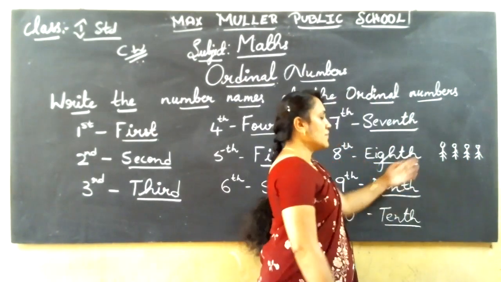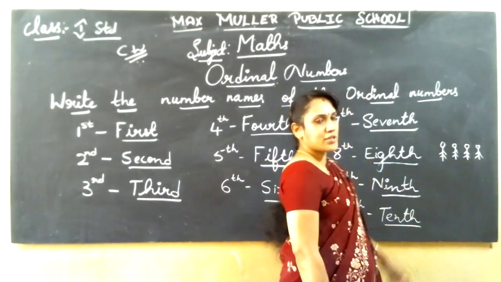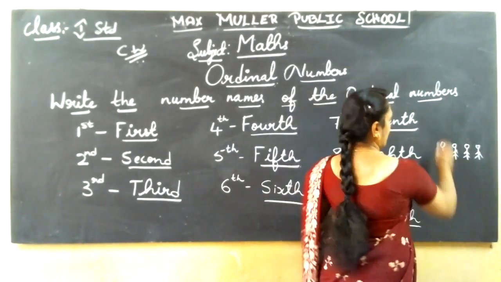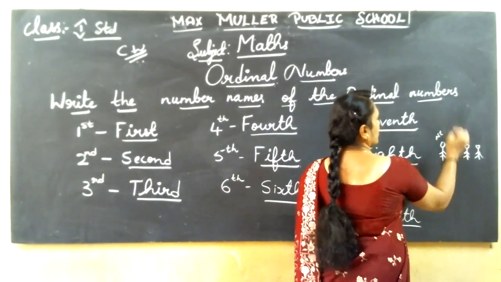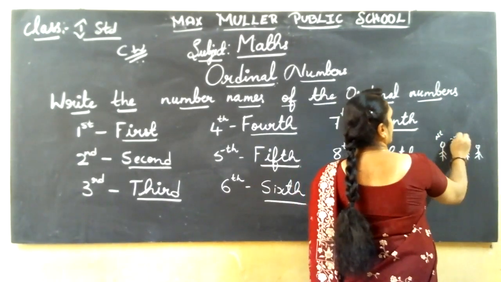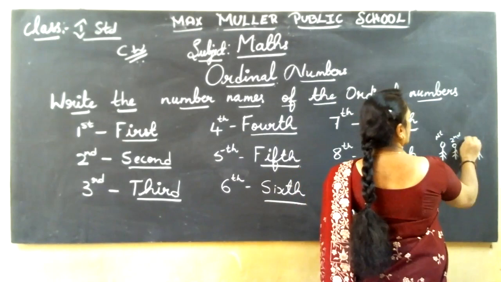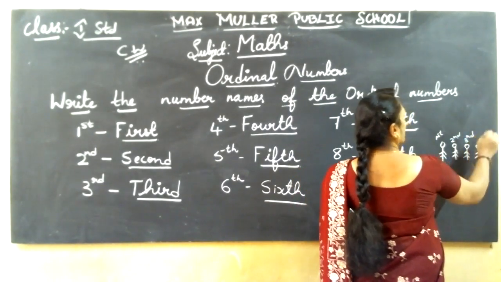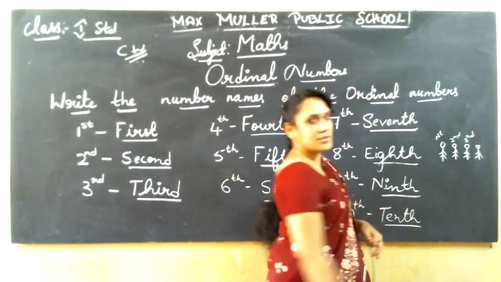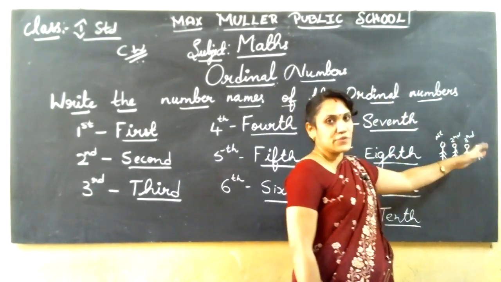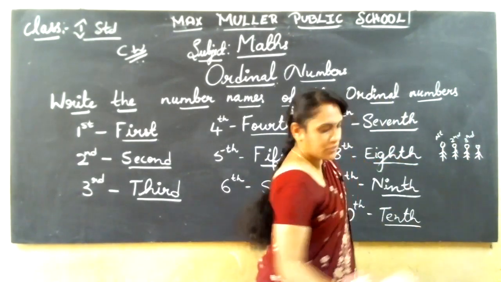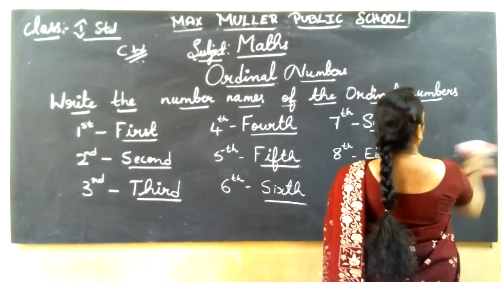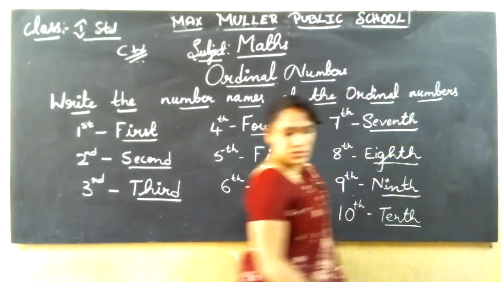We'll ask you, in which line are you standing? You'll tell, I am standing in the first line. Then which line is your friend standing? He will tell second line. One more friend, she'll tell third. Like that first, second, third, what you use to write in order, that is the ordinal numbers. Okay.